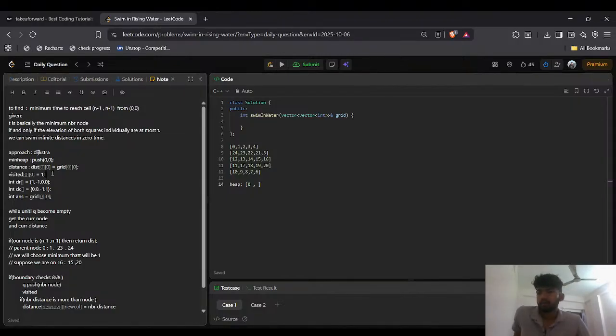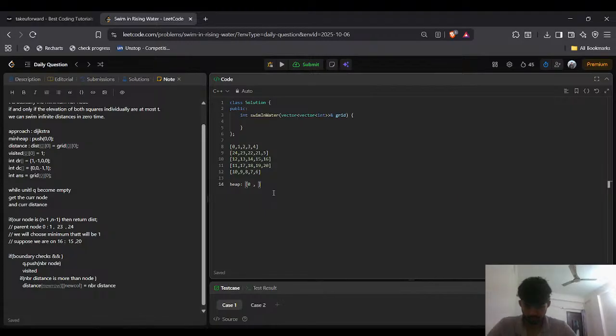Then we have visited, similar to this. Oh my god, actually I can generate it.